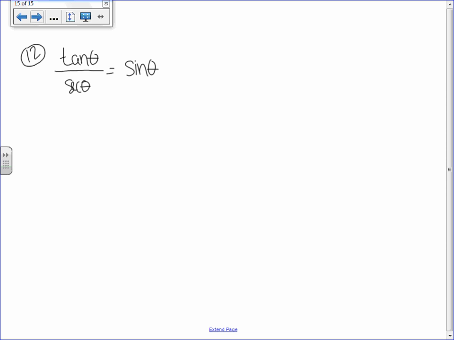You cannot move things from one side to the other. But we always try and write things either in terms of an identity or in terms of sine and cosine. I don't have an identity right now, but I can break tangent into sine over cosine, and that's going to be all over 1 over cosine.